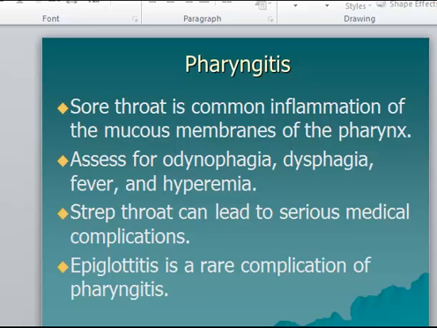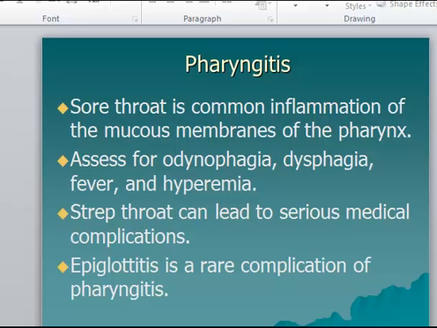So it's important that if a patient has pharyngitis and they develop stridor or any other indications of airway obstruction, they call 911. Another symptom, besides the difficulty breathing and stridor, is drooling. That is another one to look for, and that's an emergency situation.